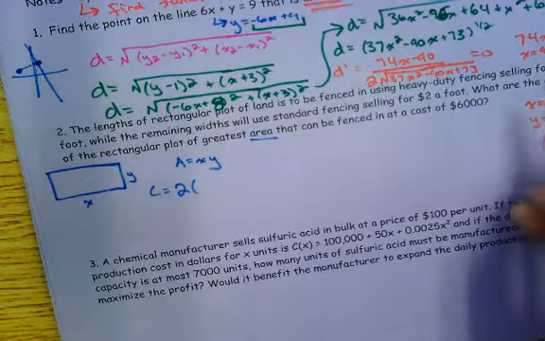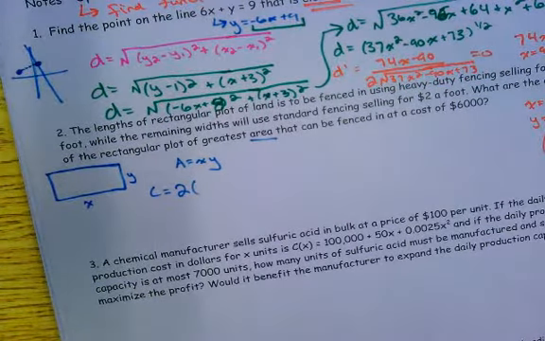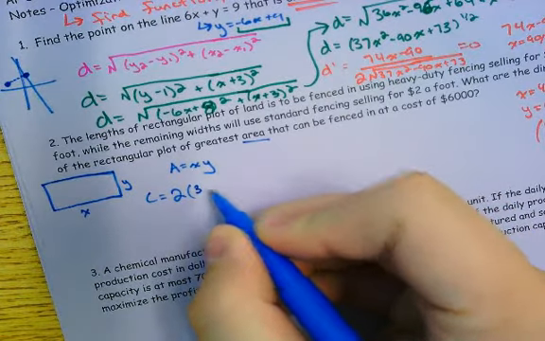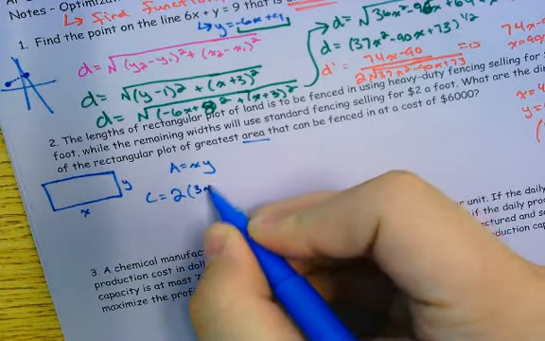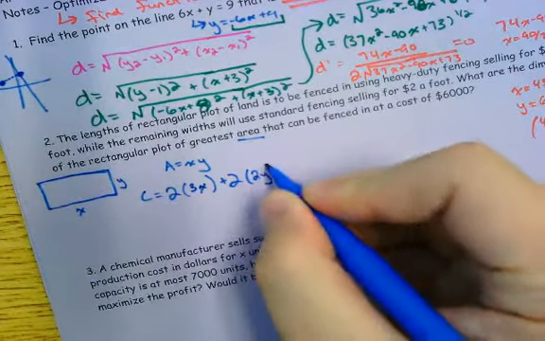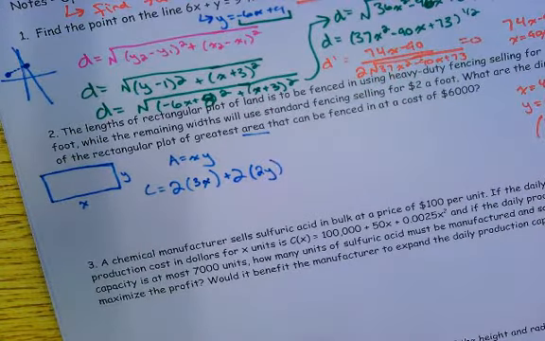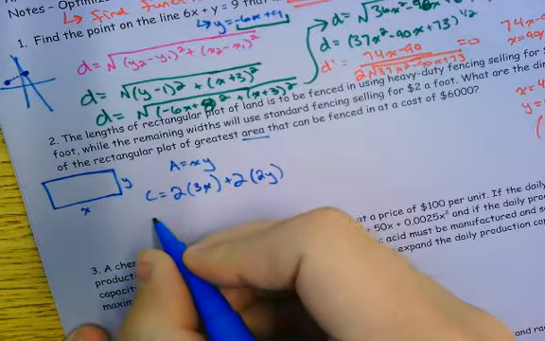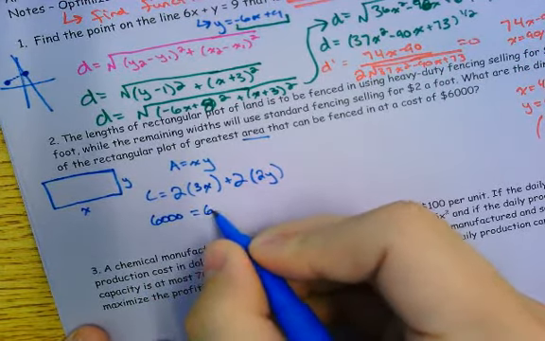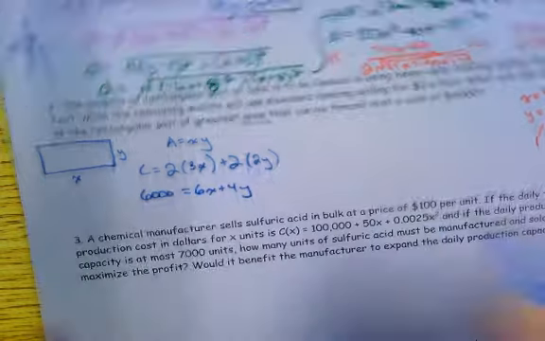So, want to make x the $3 one or the $2 one? $3? Okay. Plus, there's 2 of the y's, which are worth $2. What is the cost? 6,000 equals 6x plus 4y.